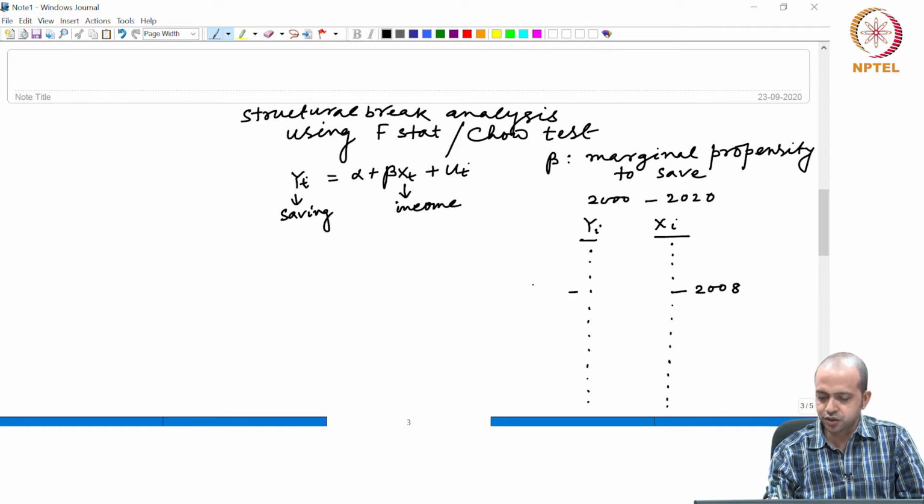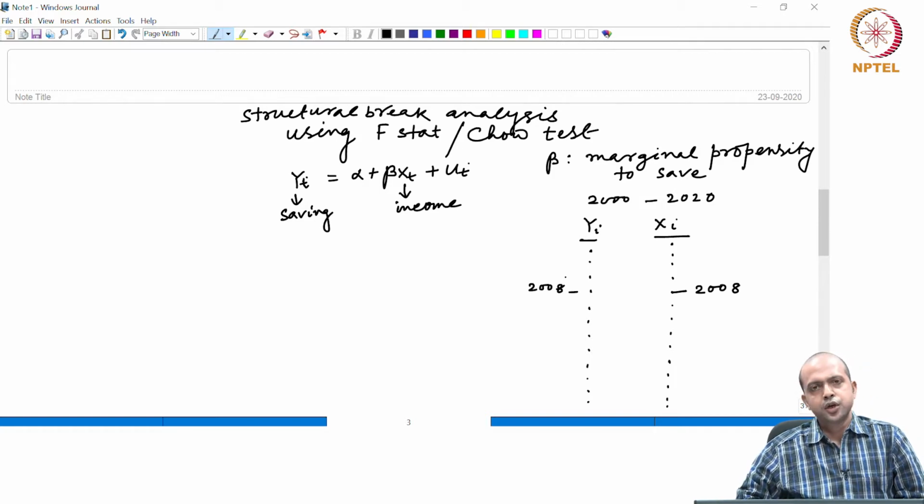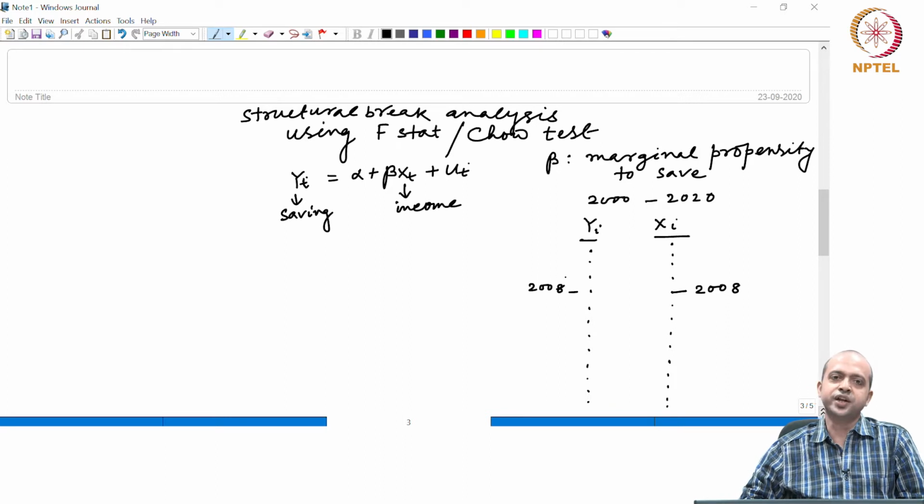In 2008, the Indian economy and the global economy itself experienced a financial crisis.